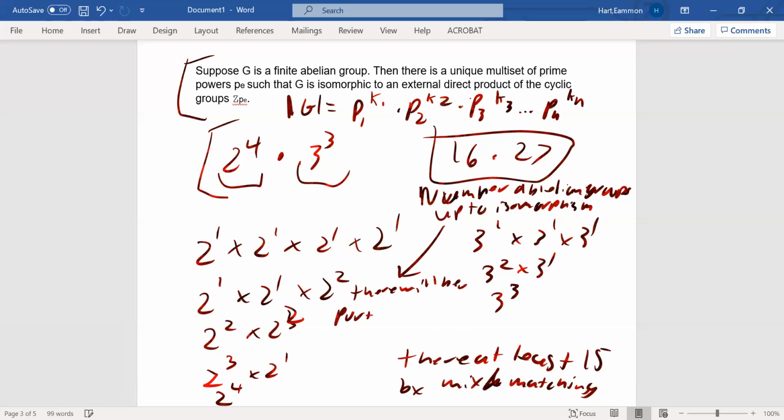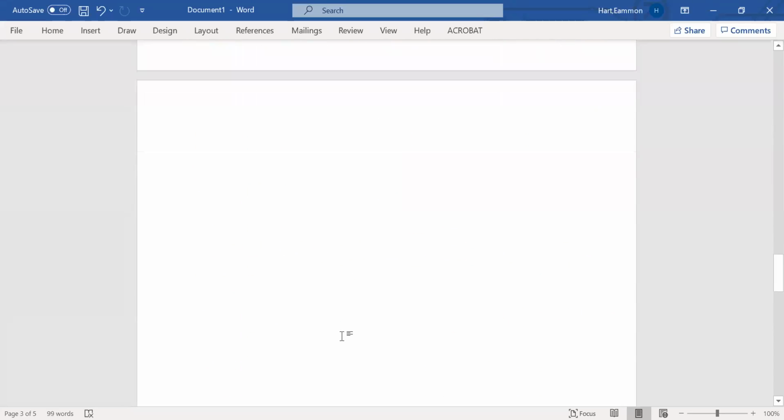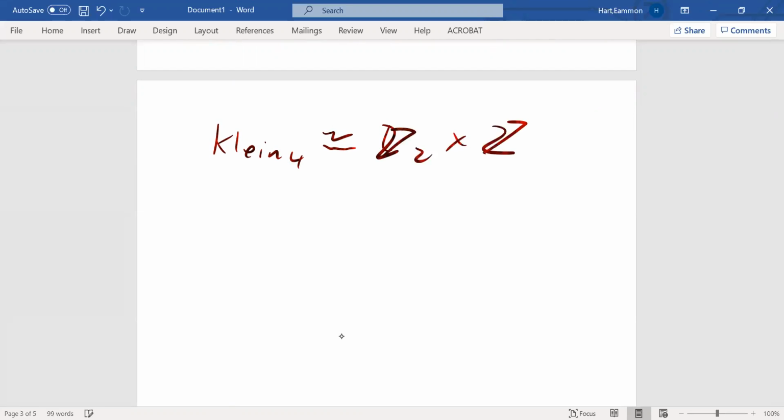Wait, quickly, what does up to isomorphism mean again? I don't remember off the top of my head. So basically, it just means, so Klein 4 is isomorphic to Z2 cross Z2, right? It means that I'm only counting these guys once, even though they are technically 2 different subgroups that have the same order.